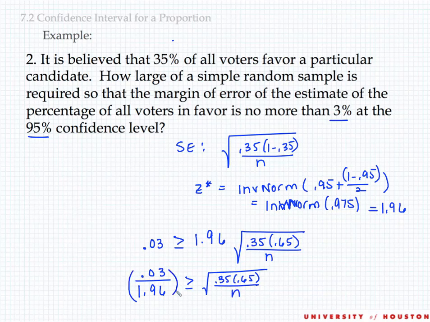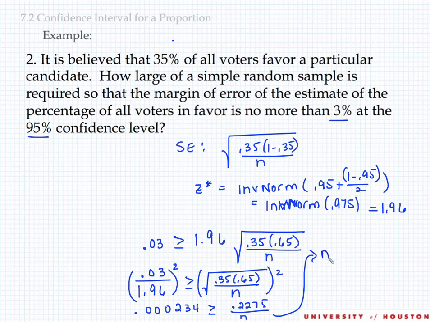And then we can square both sides. And that's going to give me 0.03 divided by 1.96 squared is greater than or equal to, now in my numerator I'm going to have 0.2275 divided by n.